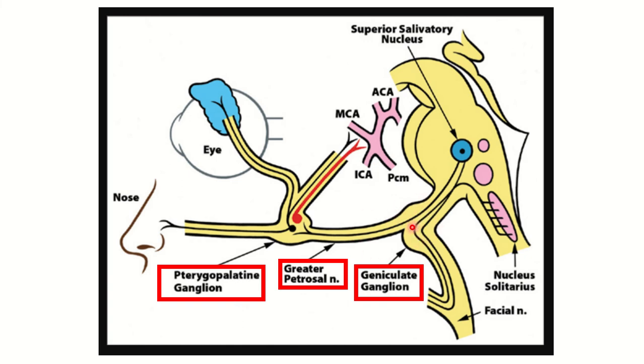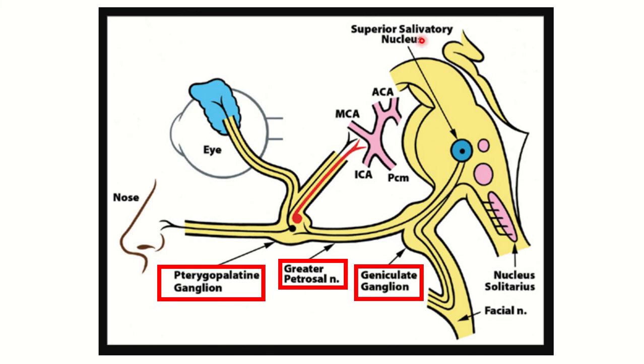From the geniculate ganglion fibers come, and this nerve is the greater petrosal nerve. They reach the ganglion, that is the pterygopalatine ganglion, and from the pterygopalatine ganglion fibers go to the eye. So any disturbance or damage in this pathway may impair tear secretion.